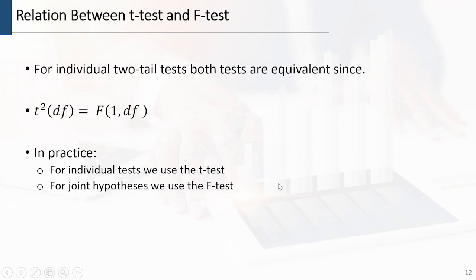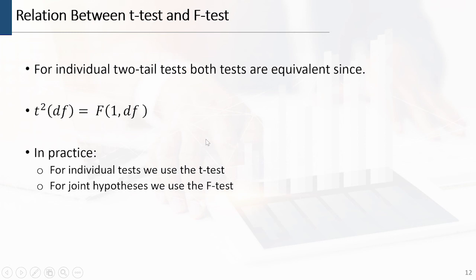Okay. All right, and finally, just a side remark about the relationship between the t-test and F-test. For individual two-tailed tests, both tests are actually equivalent, and for the simple regression model there is a numerical relationship between the two: the F statistic of a univariate or simple regression is equal to the square of the t statistic.